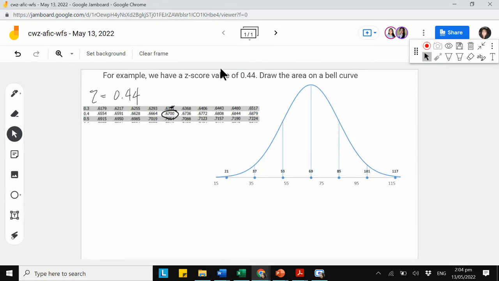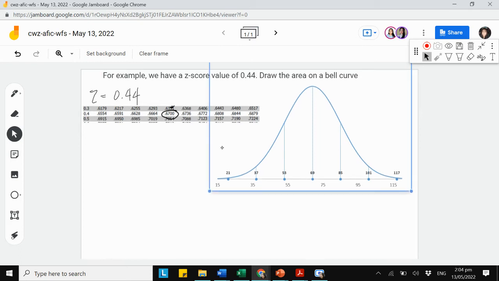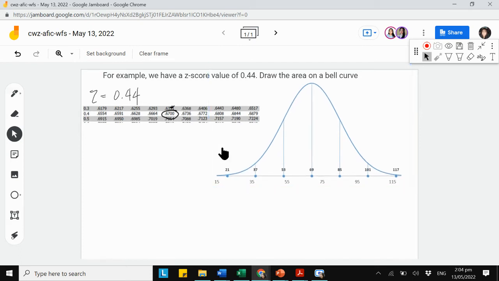Okay. Now, where is 0.44? If this is our 0, this will become negative 1, standard deviation: 1 sigma, 2 sigma, 3 sigma, and 2 sigma, 3 sigma. So 0.44 is somewhere here.